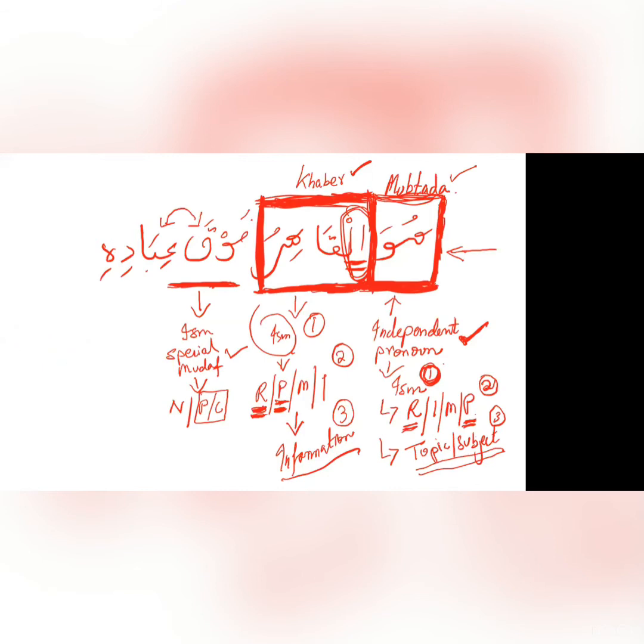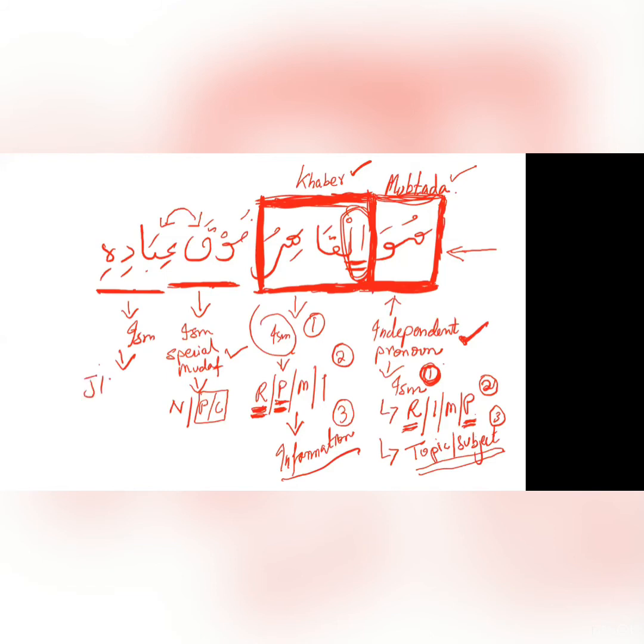We will take ibadi and see, is it an ism or a fail? It is an ism. It is a human broken plural. So let's analyze ibadi. What is the status? Jar.